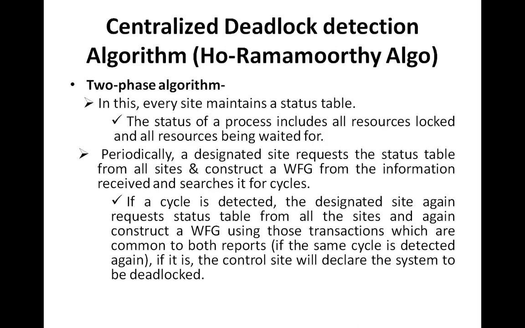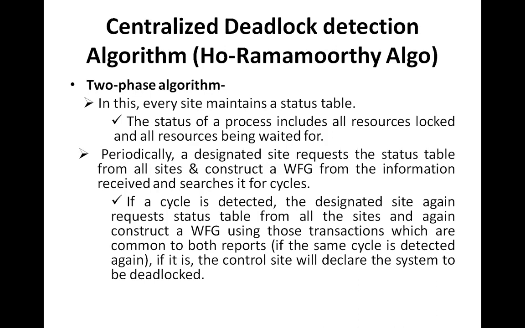Otherwise, the designated site again requests the status table from all the sites, and then constructs a wait-for graph using only those transactions which are common in both the reports. So it means it is asking two times. One time it has asked; if there is no cycle, it's okay.